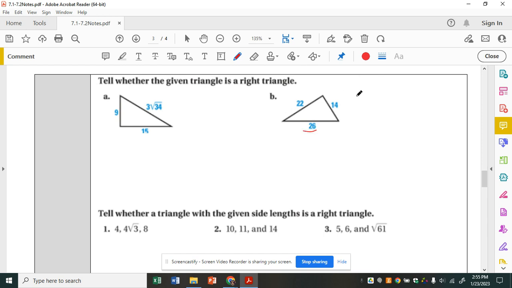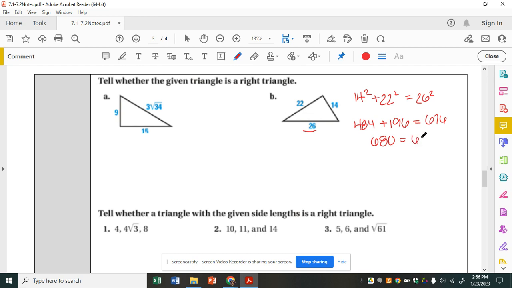So I'm going to test out my Pythagorean theorem. I'm going to take one leg squared plus the other leg squared, and I'm going to set that equal to what would be my hypotenuse and square it. If I do 14 squared, I get 196. If I do 22 squared, I get 484. And if I do 26 squared, I get 676. If I add these together, this adds up to 680.